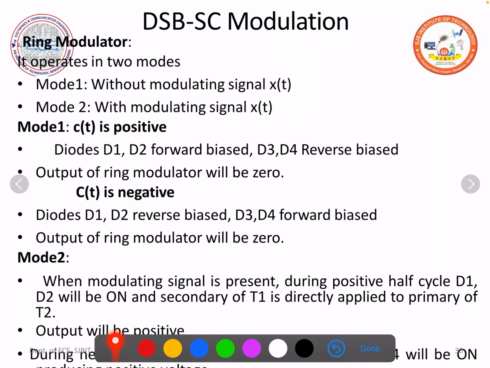During the positive half cycle of the carrier, when c of t is in the positive half cycle, D1 and D2 are forward biased, and D3 and D4 are reverse biased.